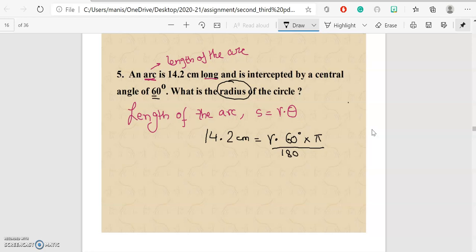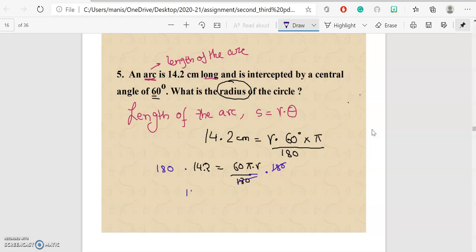Now we have to solve this equation over here. So 14.2 is equal to 60 pi R over 180. I have to solve it like I'm solving an equation. First of all, I will multiply by 180 on both sides. When I multiply by 180, these two will be cancelled out.